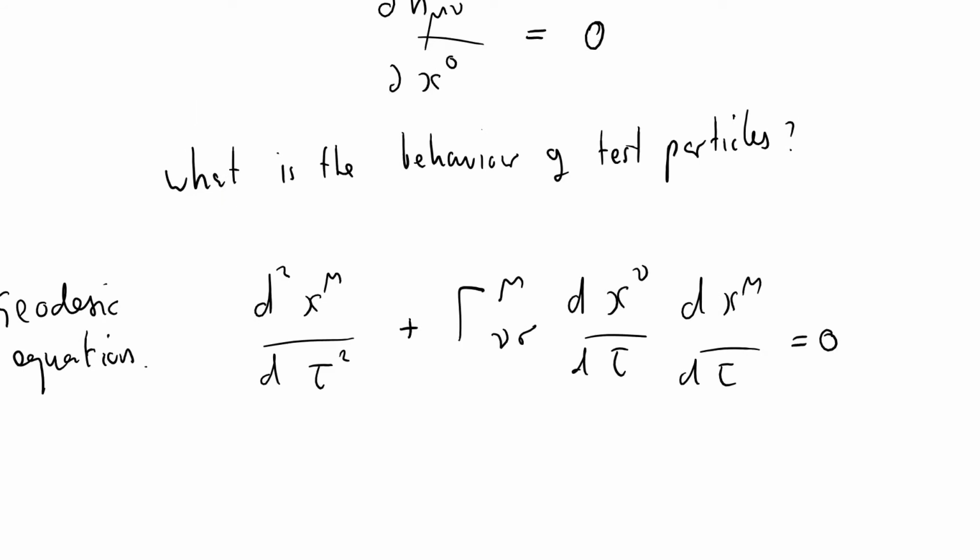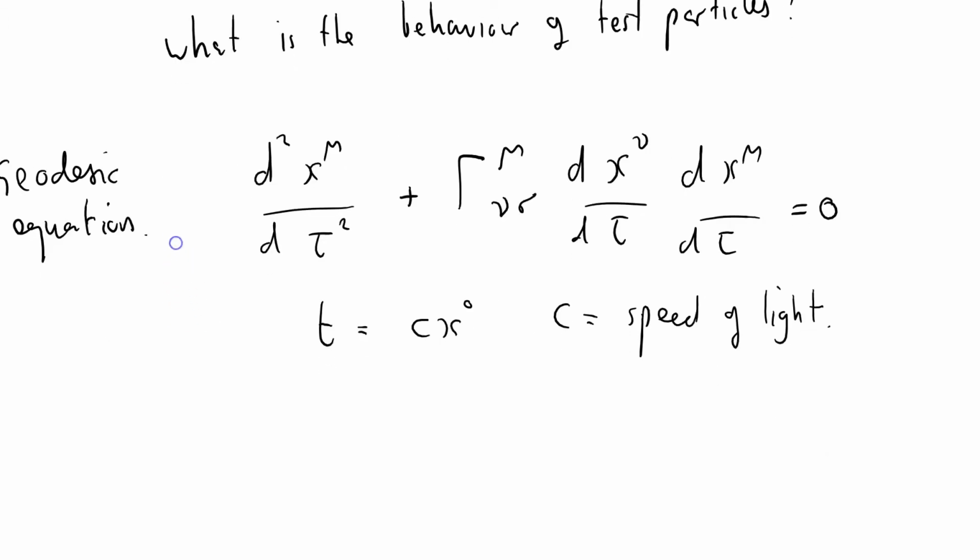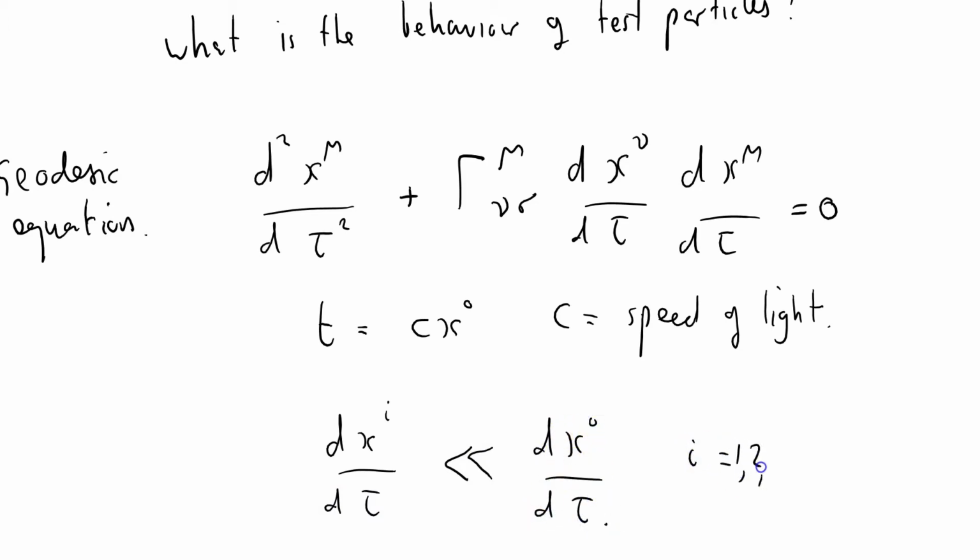Okay, so what does moving slowly mean? Well, if I define t equals c x⁰, where c equals the speed of light, then what I'm trying to say is that dxⁱ/dτ is much, much less than dx⁰/dτ for i equals 1, 2, 3. You'll notice I'm using the convention that Roman letters like i, j and k go over 1, 2, 3.